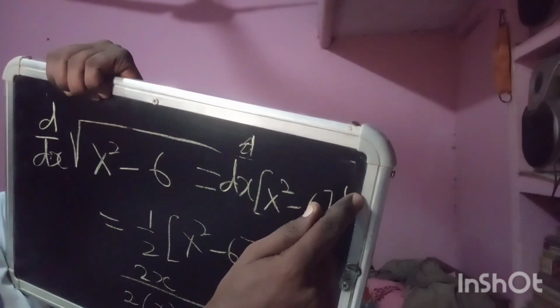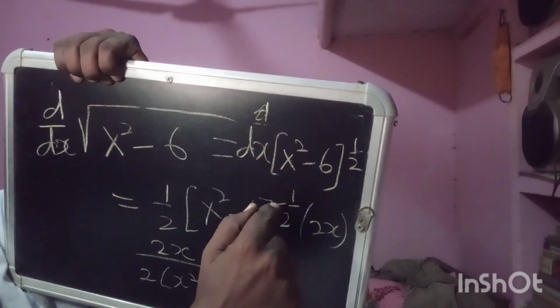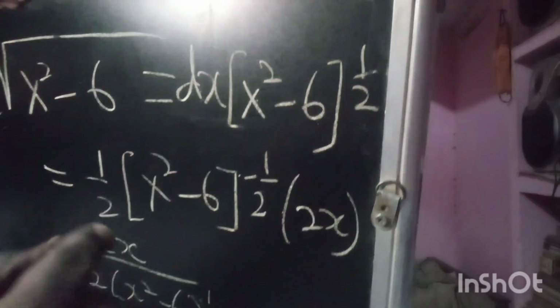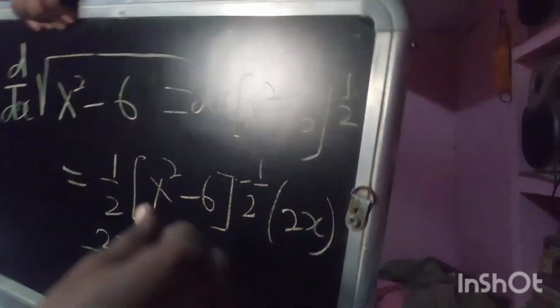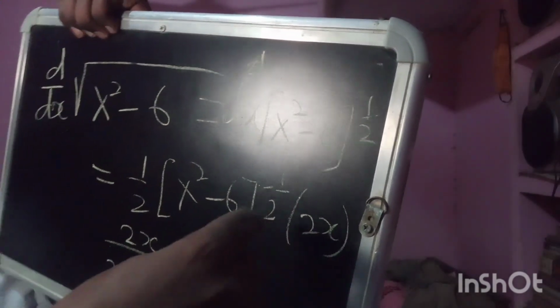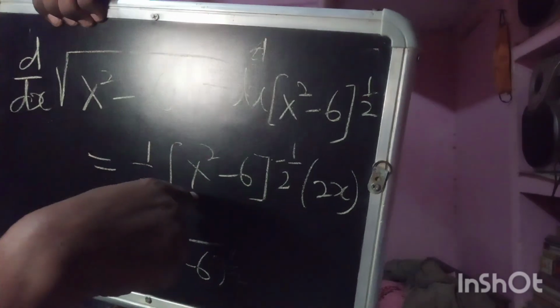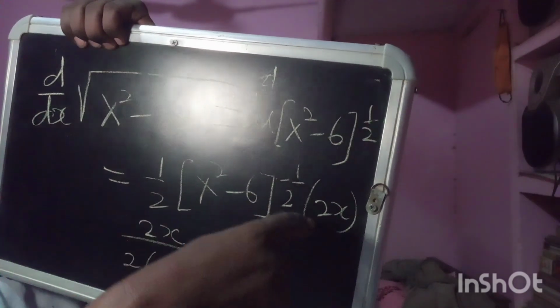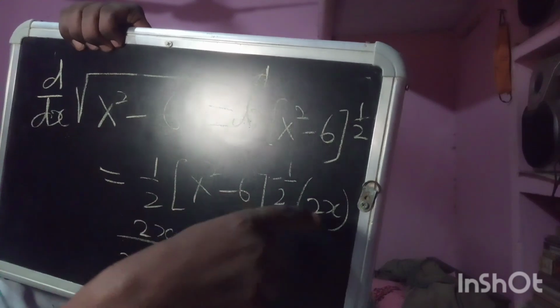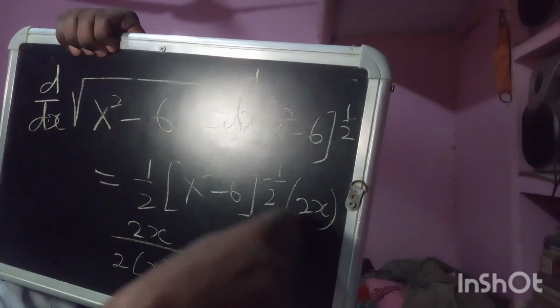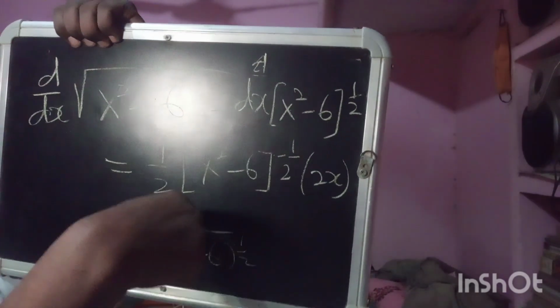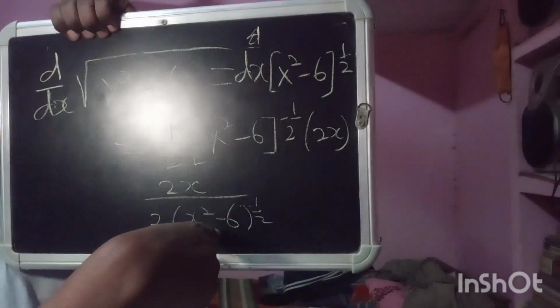We subtract 1, so it becomes minus half here. Then we differentiate the inside part, the constant will disappear and this will become 2x. Then we multiply this by this, which will be 2x, and because it's a minus power, we bring it down.